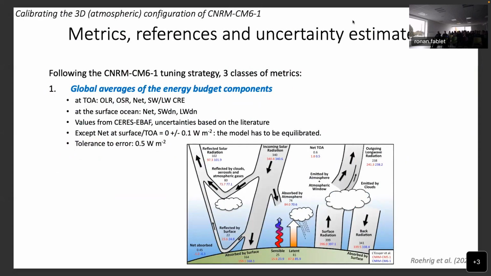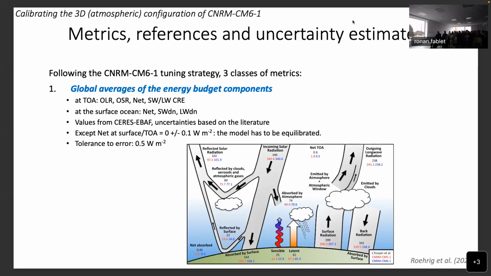So the metrics are rather different, and we can start to have some kind of priorities, at least in the order we address them. When we develop a climate model, the first metrics that we want to have right are global averages, to have the right energy budget of the model at the top of the atmosphere and at the surface at the same time, because we want to couple the model to the ocean.